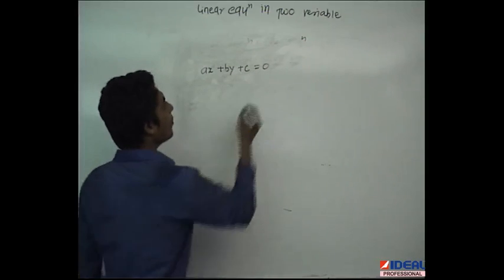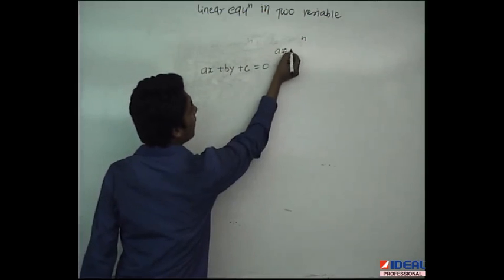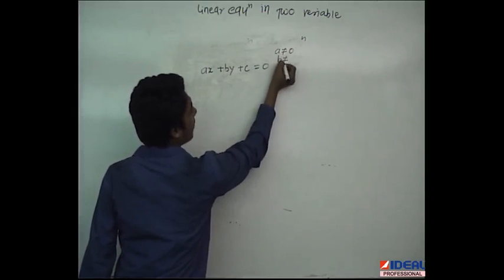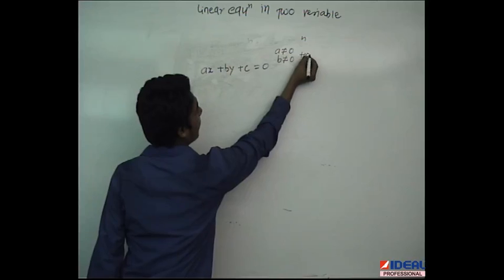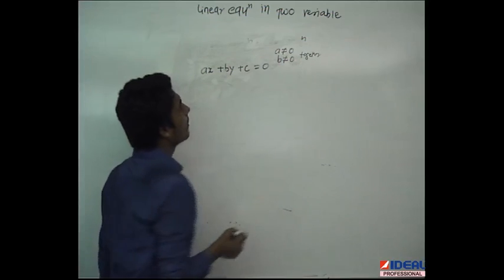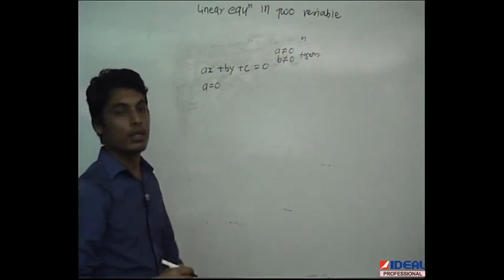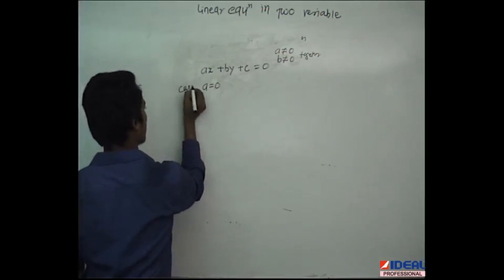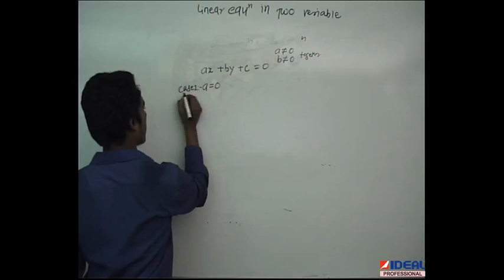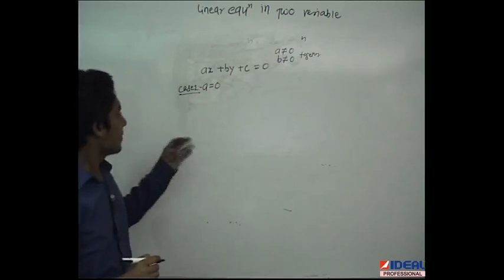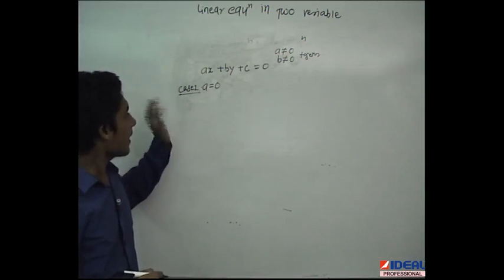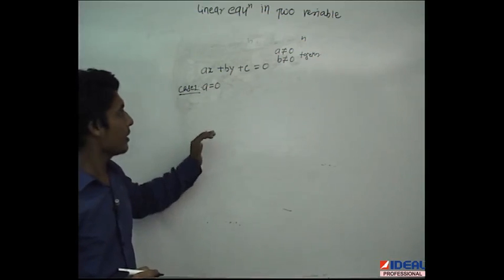I already told you a is not equal to 0 and b is not equal to 0 together. Suppose a is equal to 0, case 1.